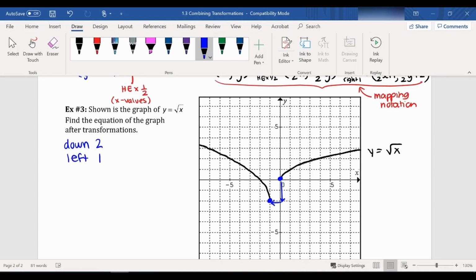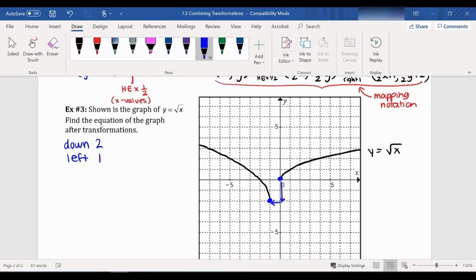The next thing I'm going to need to do is find another point on each graph that would correspond with each other. And some people say, well, how do I know which 2 points? I would just find a nice point that's easy to see. So there's going to be a couple different versions of the answer, but they are all technically the same as each other. They're just going to be off by certain factors.